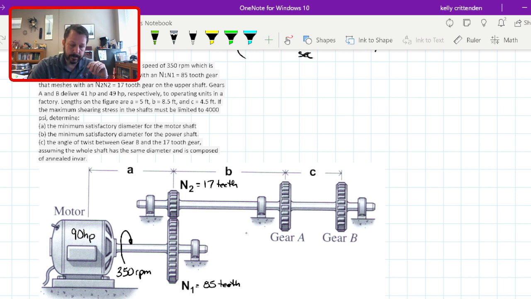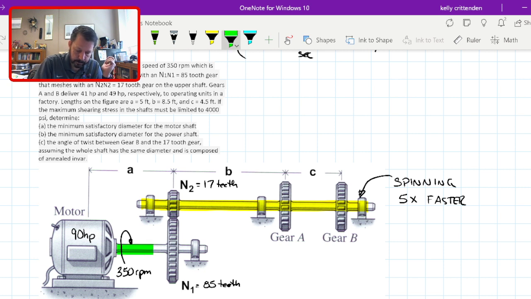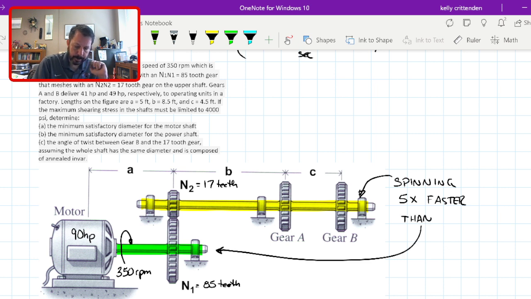So that this shaft is spinning 5 times faster than the green one. And we know the green one is spinning at 350 RPM. So the yellow one is spinning 5 times faster than that.